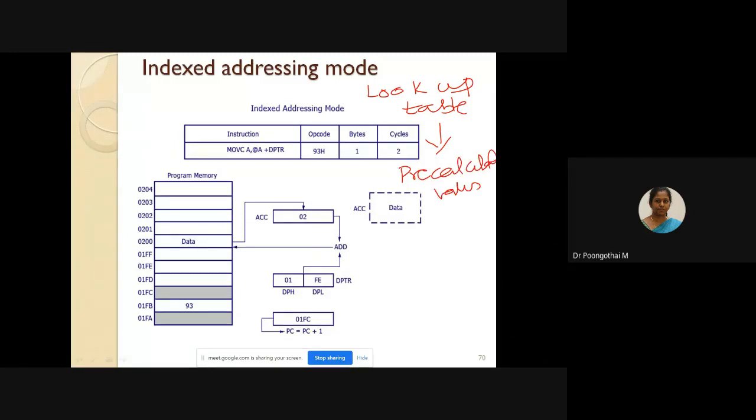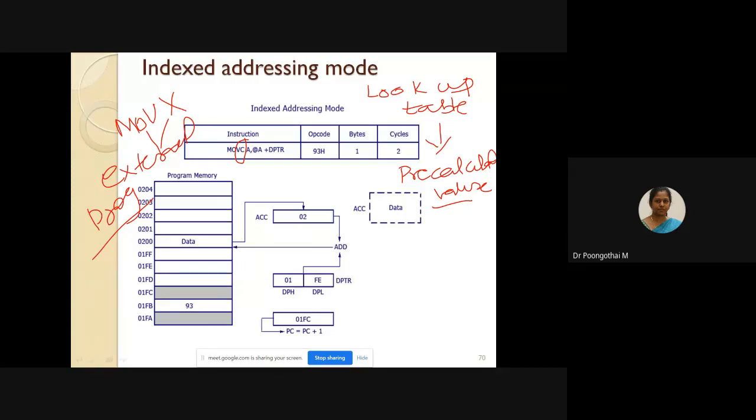Using this addressing mode, we can access data from code memory. C represents code memory, whereas X represents external memory. So that is the difference: X indicates external memory, C indicates code memory, that is your program memory.